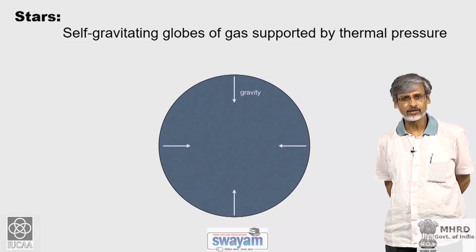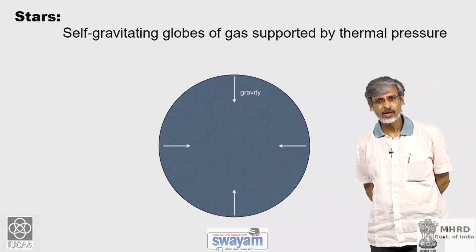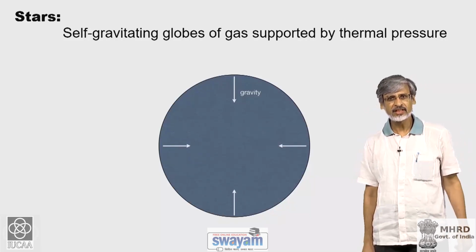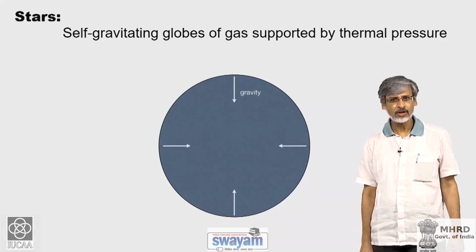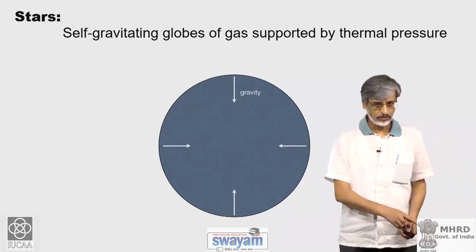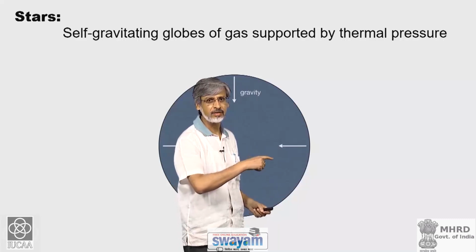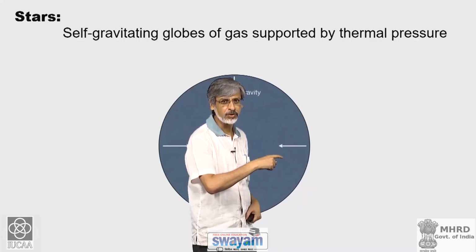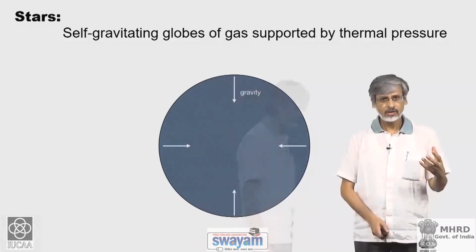So, let us take a globe of gas as you see on the screen, and these inward arrows indicate that the mass of the star is causing a gravitational force to pull the matter inwards towards the center.